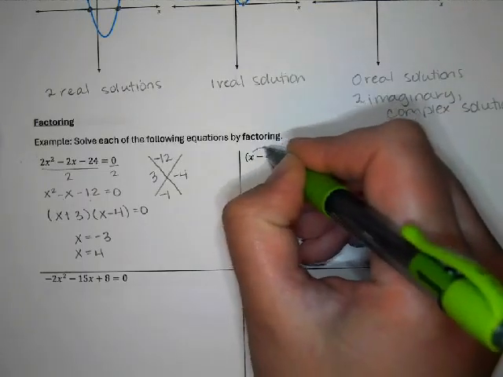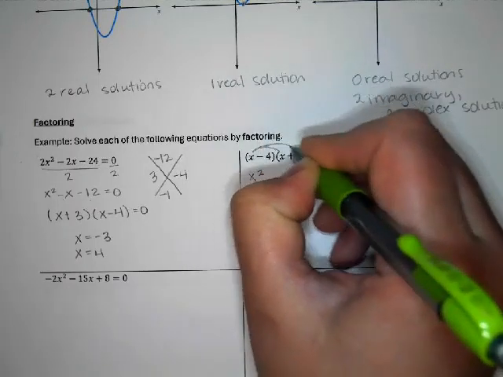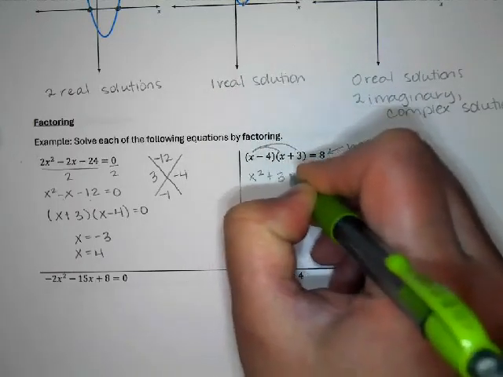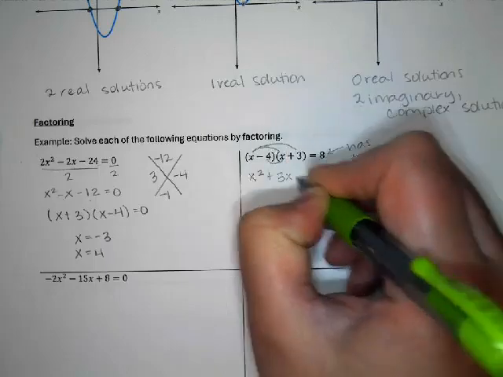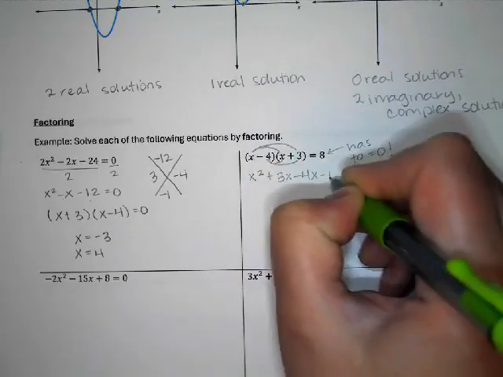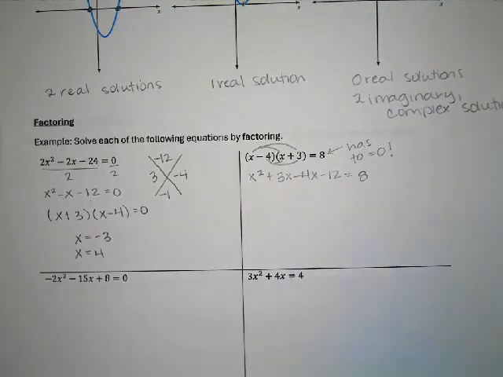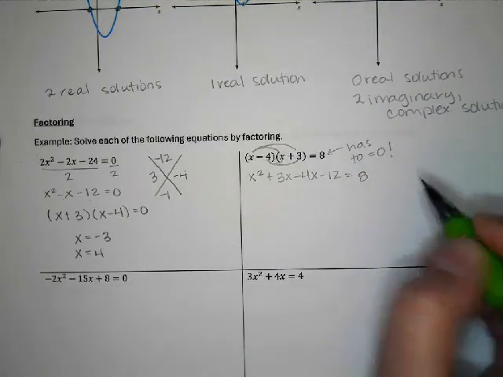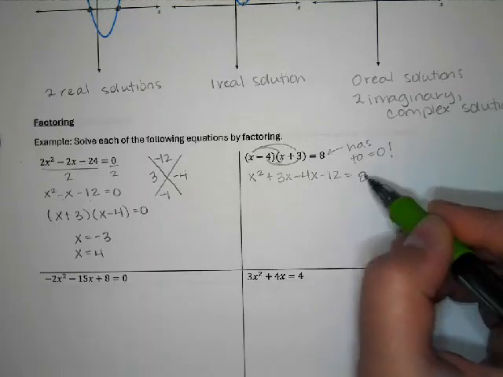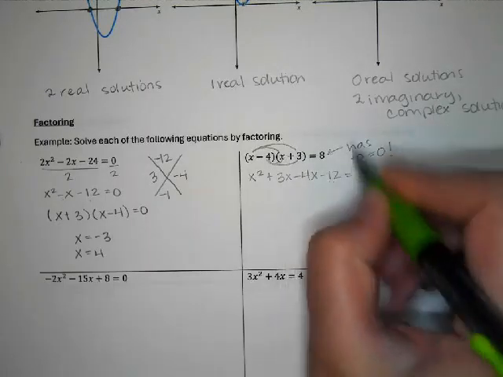So I've got x times x, x times 3, negative 4 times x, negative 4 times 3, and then I have to make it equal 0 before I can even start factoring. So I'm going to take the positive 8, and I'm going to subtract it over here, so it will be a negative 8 over here.